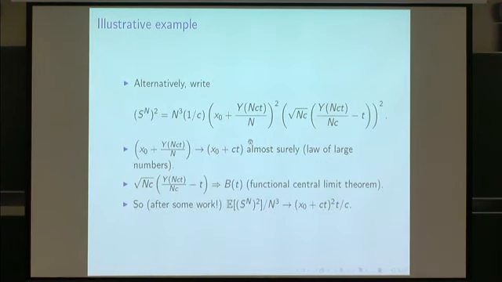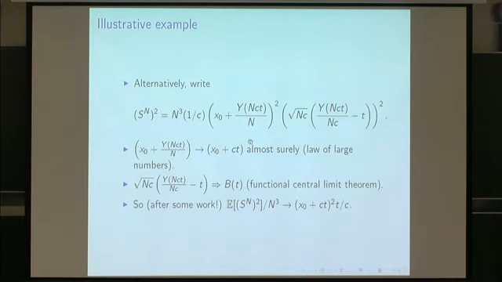Another way to see it is I can write that square this way. And this part converges by law of large numbers, the fluid limit, to this quantity, whereas this one is coming from the weight process, so it's a zero mean martingale. It will converge to Brownian motion by the functional central limit theorem.